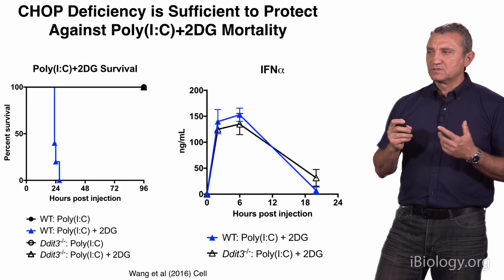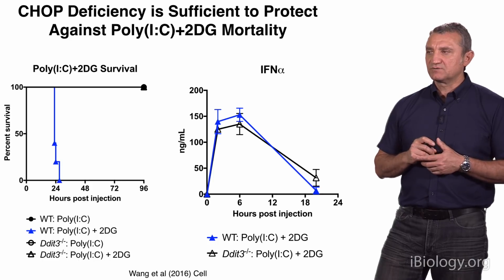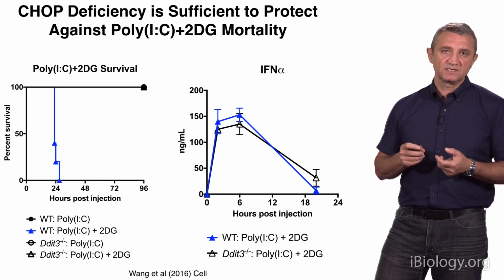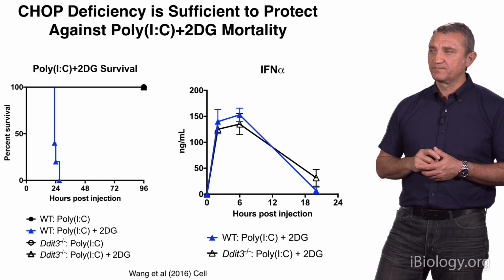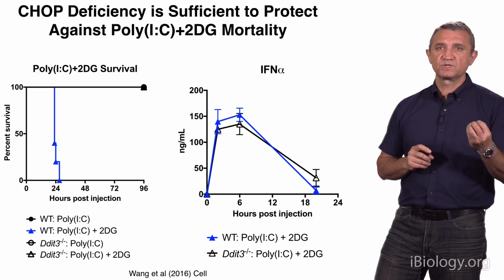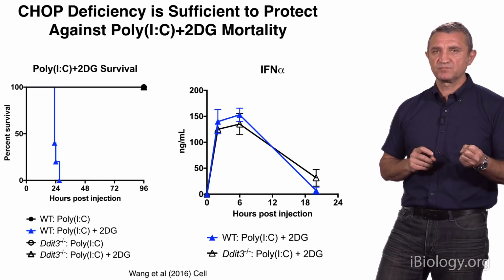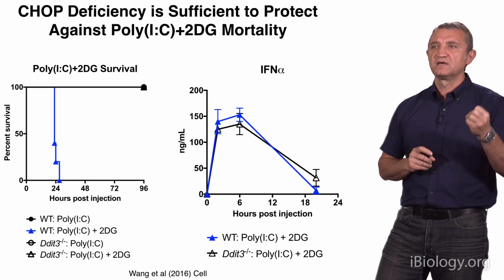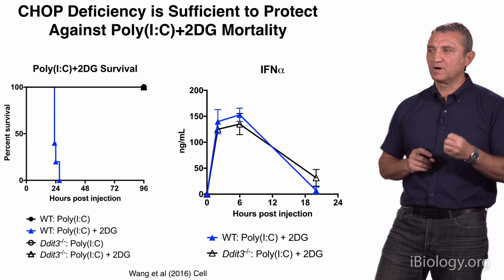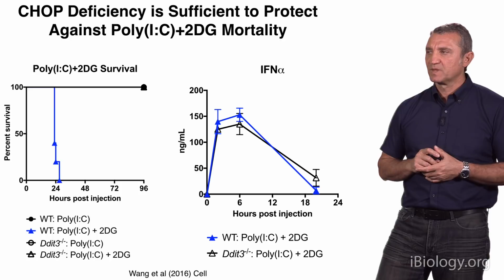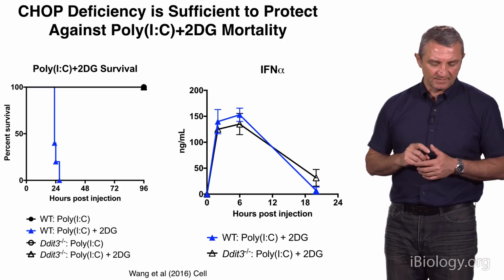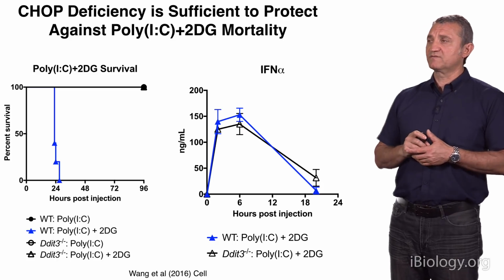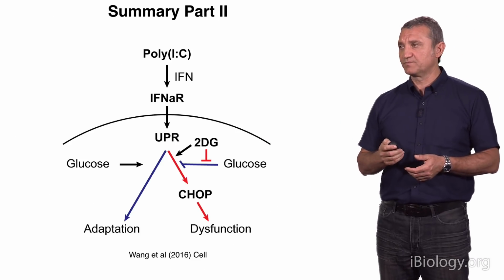And CHOP-deficient mice receiving the same combination of poly-IC and 2DG survive 100%, indicating that indeed this particular transcription factor is the critical mediator of mortality from viral infection combined with 2DG. And again, as shown on the right slide, there was no difference in the inflammatory response as measured here by interferon alpha in the serum.